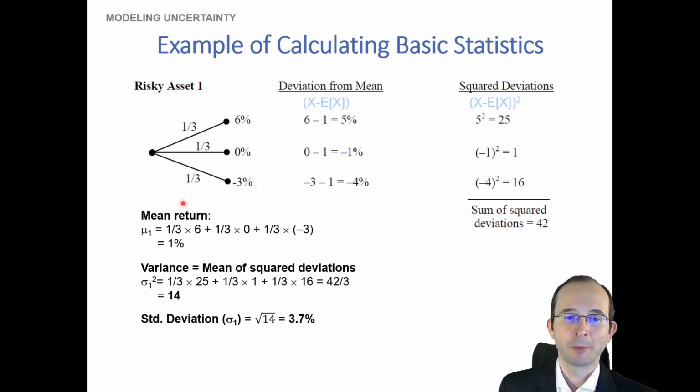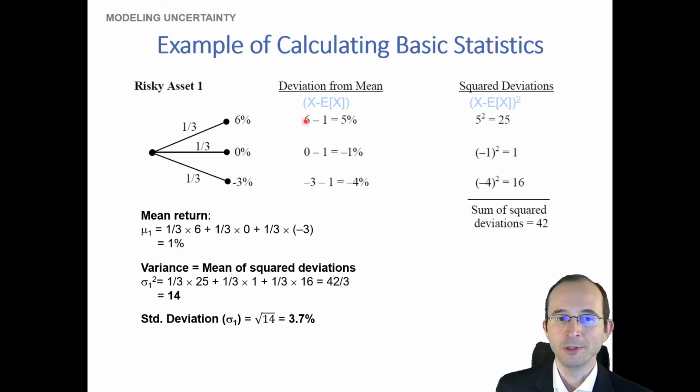Well, what's the mean? Remember, probability weighted sum. So 1/3 times 6, 1/3 times 0, 1/3 times -3. The average payoff is 1%. What is the variance? Well, for this we're going to need the mean, in other words, another probability weighted sum, of squared deviations.